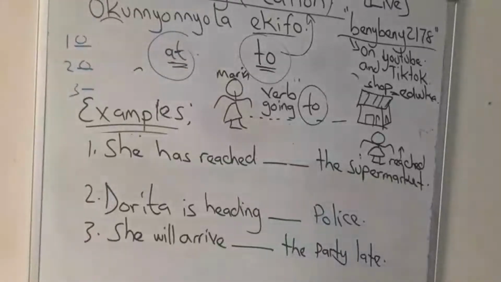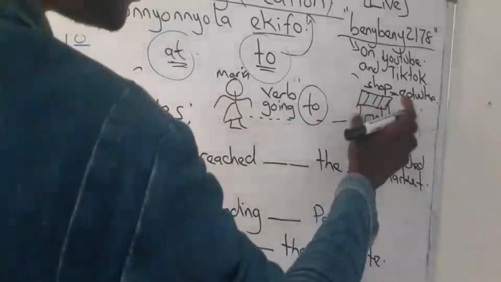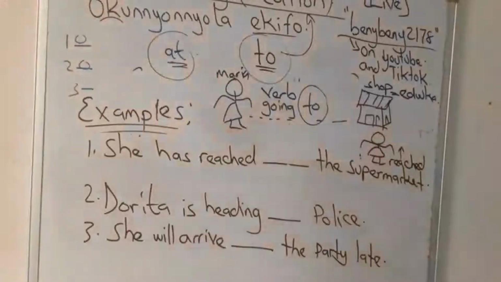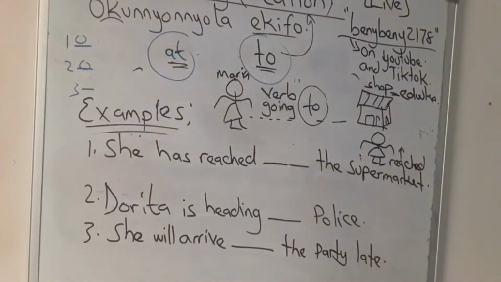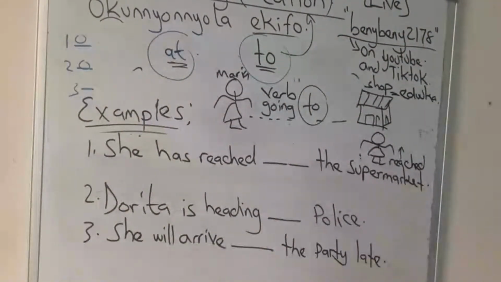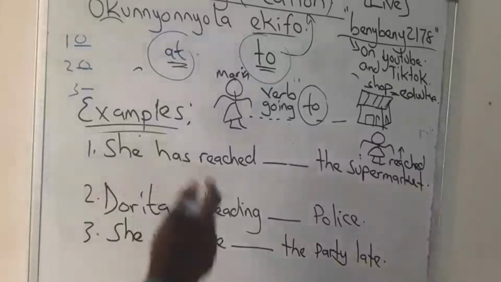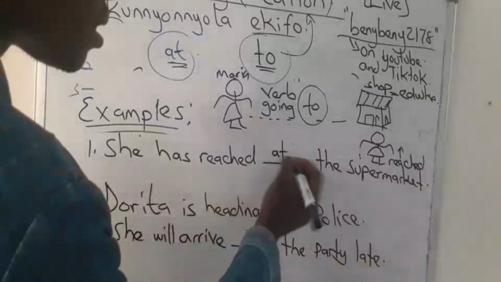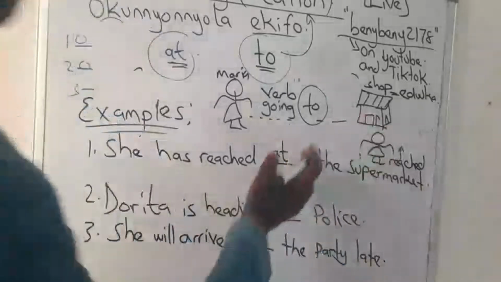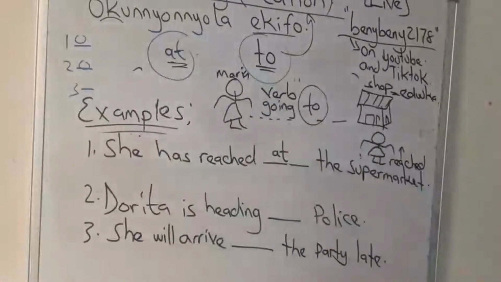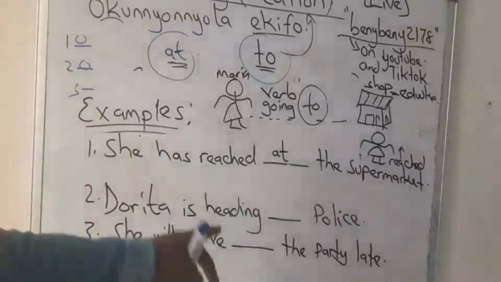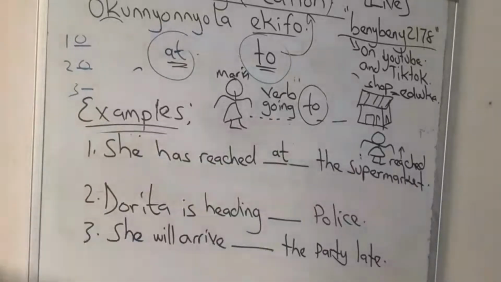Tugambye ekintu ekibanga kituuse wantu ogenda ku the supermarket. Good. I wanted to first have a look at your answers. Okay, she has reached at the supermarket. Kubanga abatuuse, so we are going to use at. That is the answer. Number two, the reader is heading dash police.